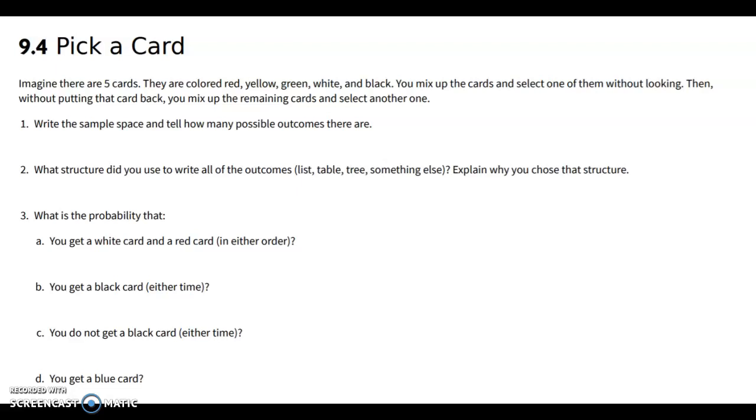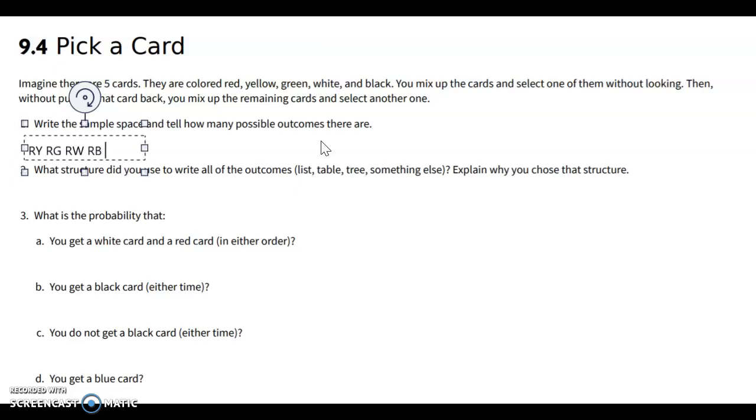Okay, so let's talk about the possibilities here. I'm going to write a sample space. Say the first card we pick is red, okay? So we could pick red, yellow, red, green, red, white, or red, black.